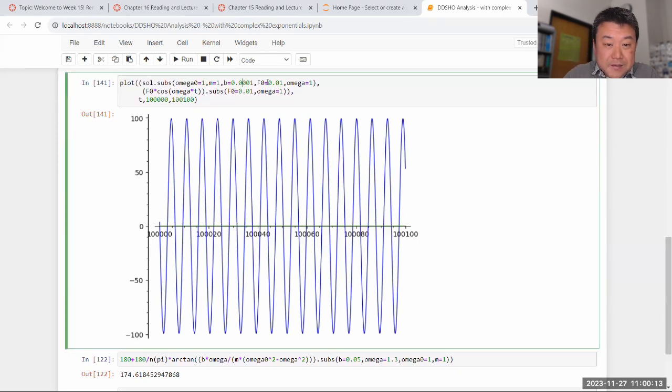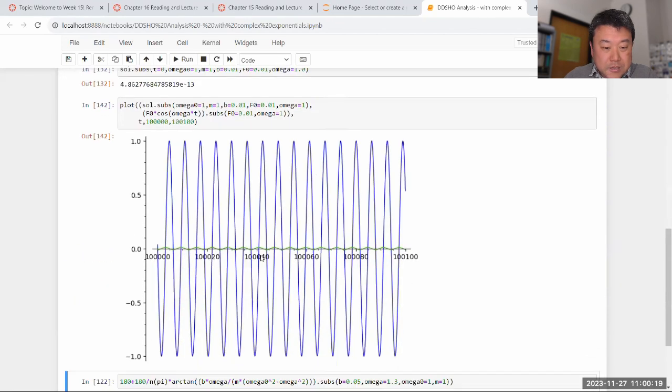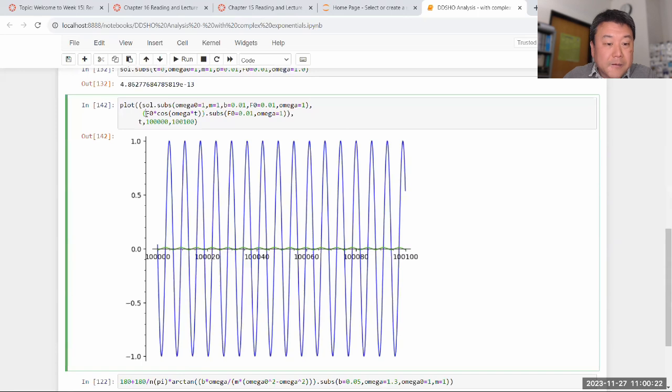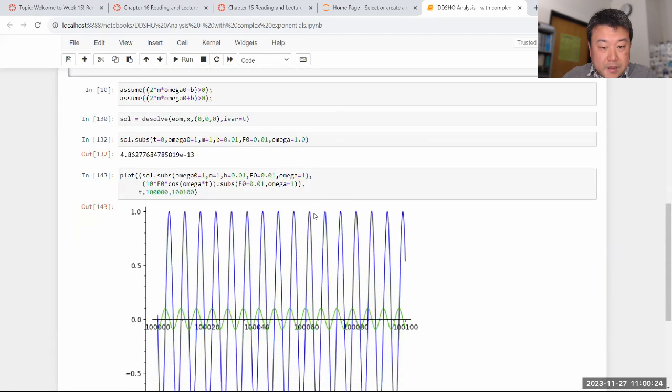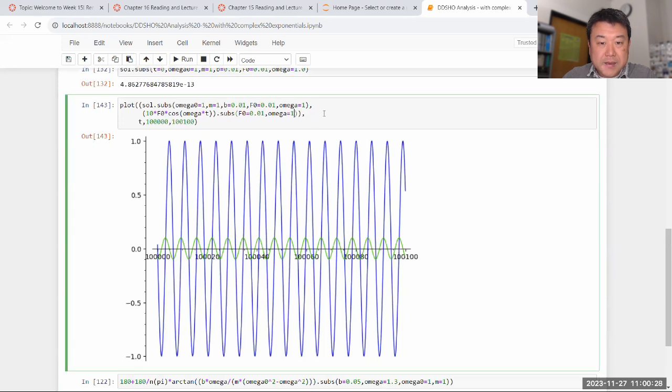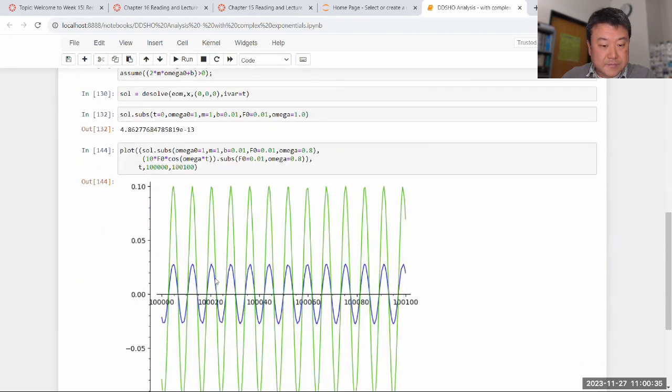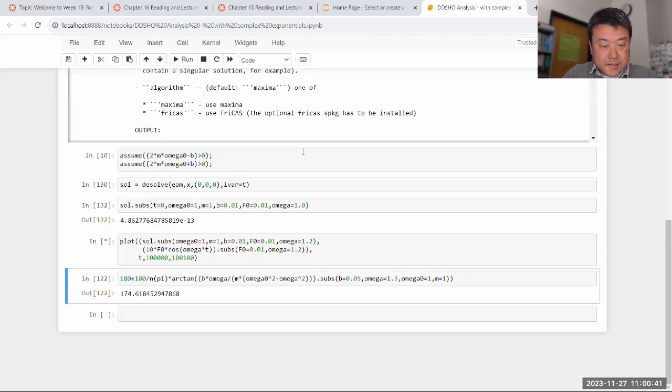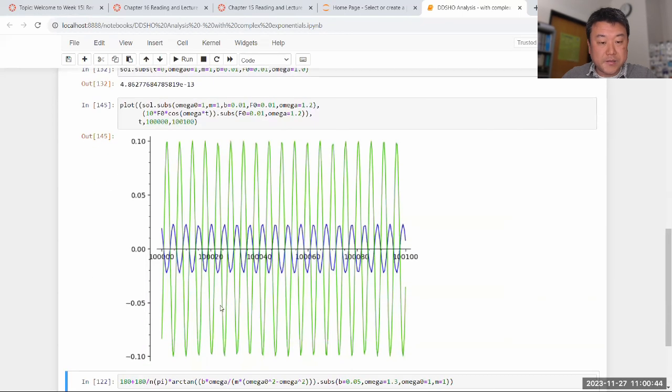And in the spirit of verifying, I can verify the thing that was the most interesting, meaning that right on resonance, yeah, it's 90 degrees out of phase, and when it's a little bit below resonance, like 0.8, then it's more or less in phase, and when it's a little bit over resonance, then it's completely out of phase, 180 degrees out of phase.